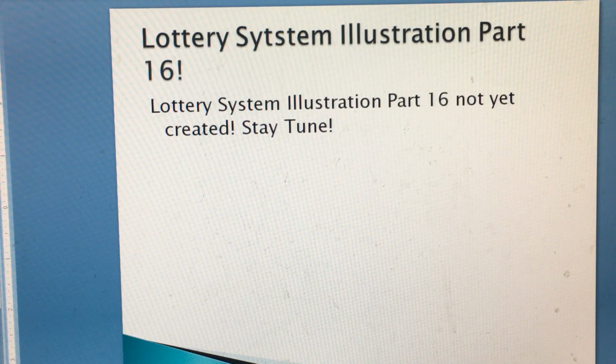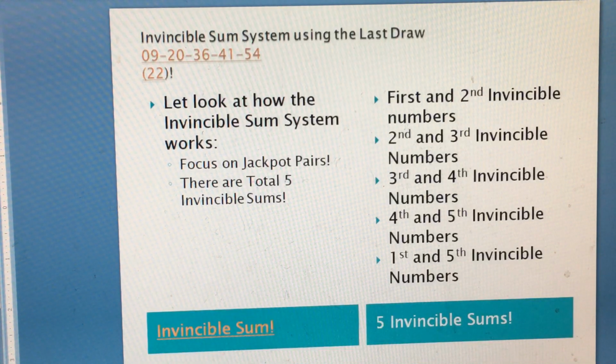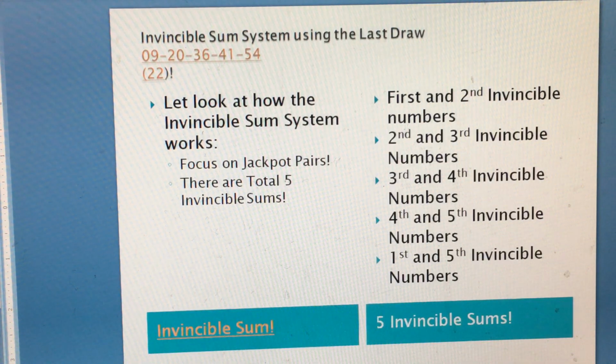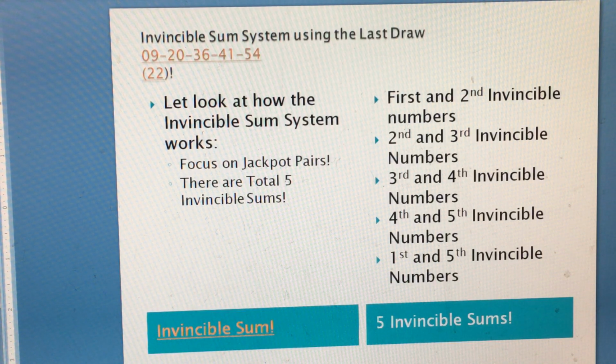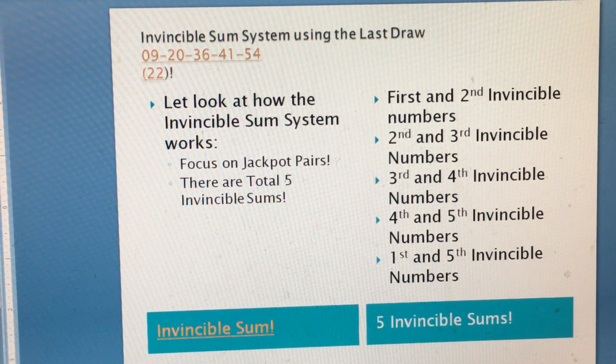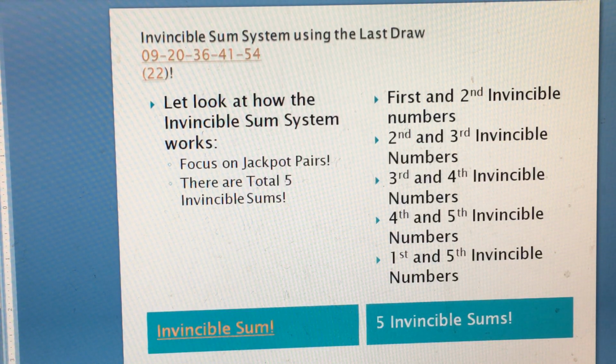Let's look at the last Mega Millions drawing. In the last drawing, we have the Invincible Sum system using the last draw. I'm going to give you an example. In the last Mega Millions draw, that 22 has been going wild for both Mega Millions and Powerball.